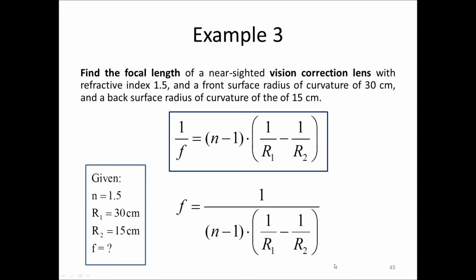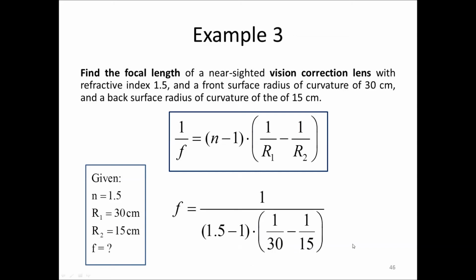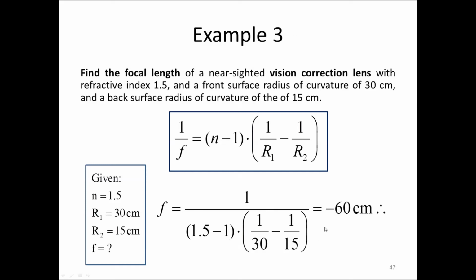So, having our given values, the refractive index is 1.5, R1 is a positive 30 centimeters, R2 is a positive 15 centimeters, and again, we can just solve for f. We plug in our values, and we get the focal length to be negative 60 centimeters. Again, very, very simple to use.